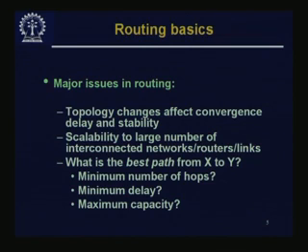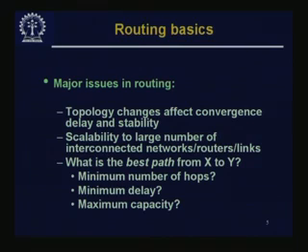And then there are other issues, like what is the best path from x to y? It may be that from x to y, 5 different routes are possible. All these 5 routes are not equal. They may not be equal in the number of hops, in length, in cost, or in quality.